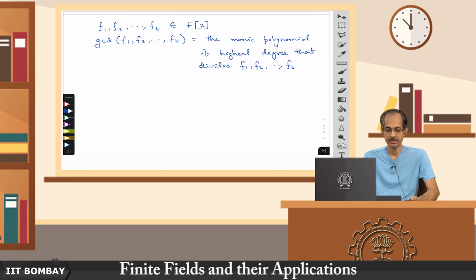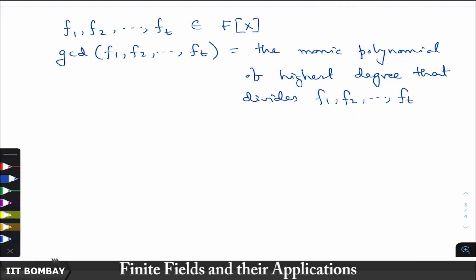So, it is a common factor of all the given polynomials, and among the common factors, it is of highest degree. In case of integers, we simply say the largest or highest common factor. Now, for polynomials, there is no such concept of larger polynomial or smaller polynomial, but there is a degree which can be ordered that way, and so we talk about the highest degree polynomial that is a common factor.